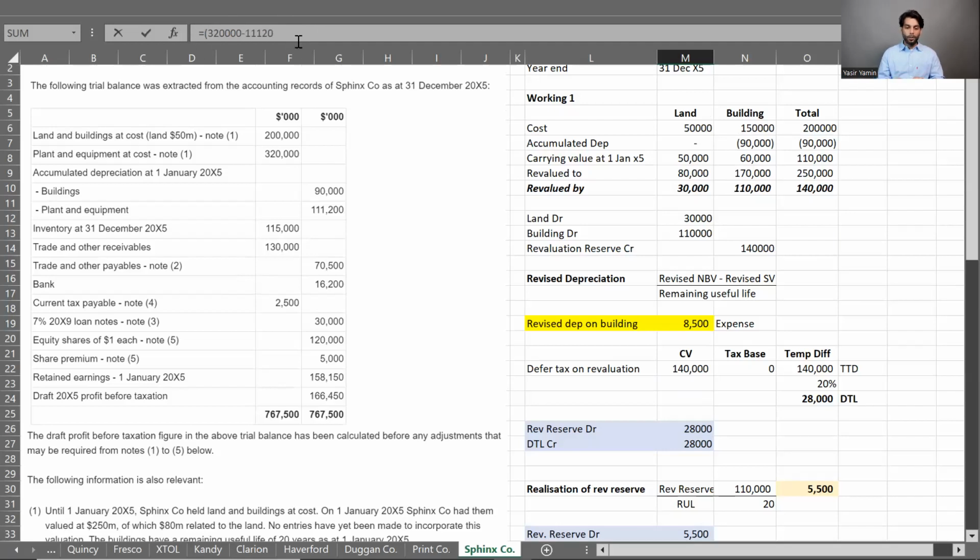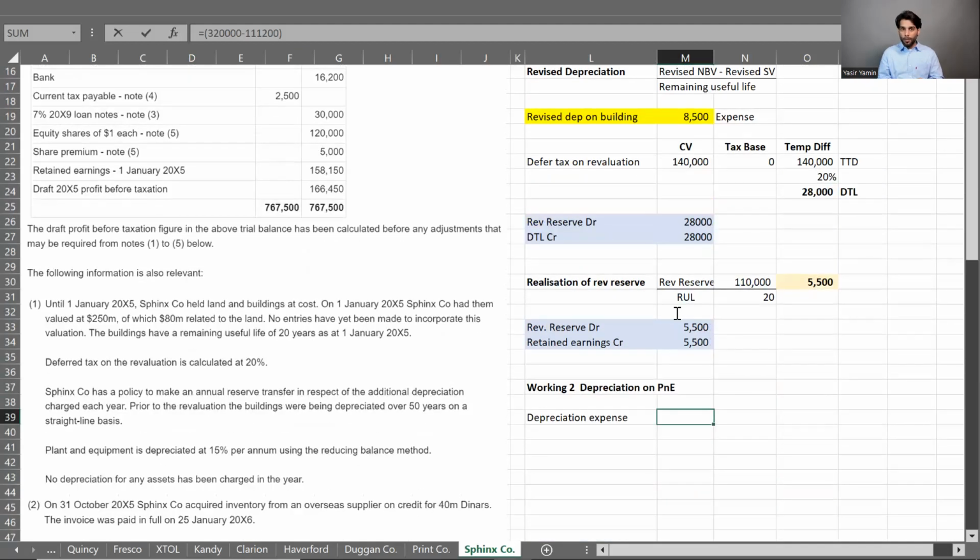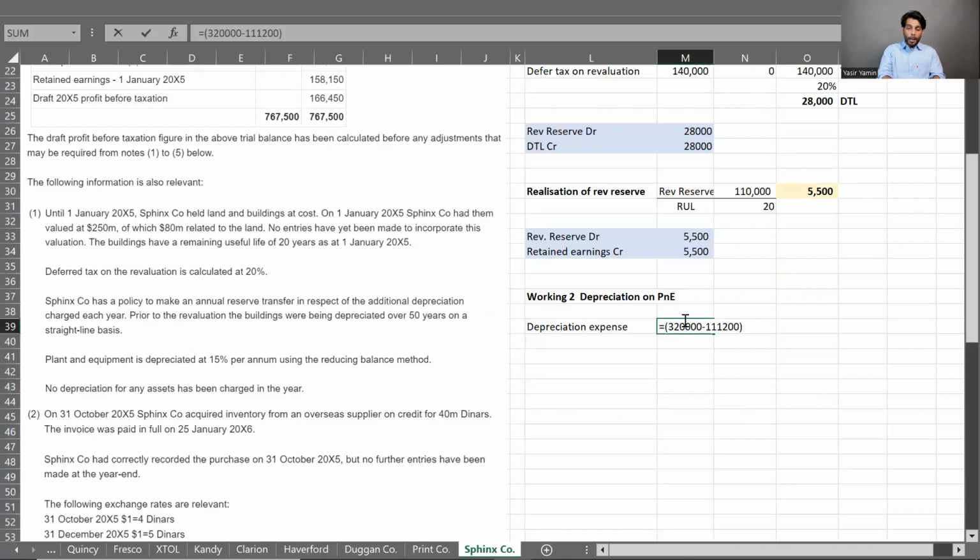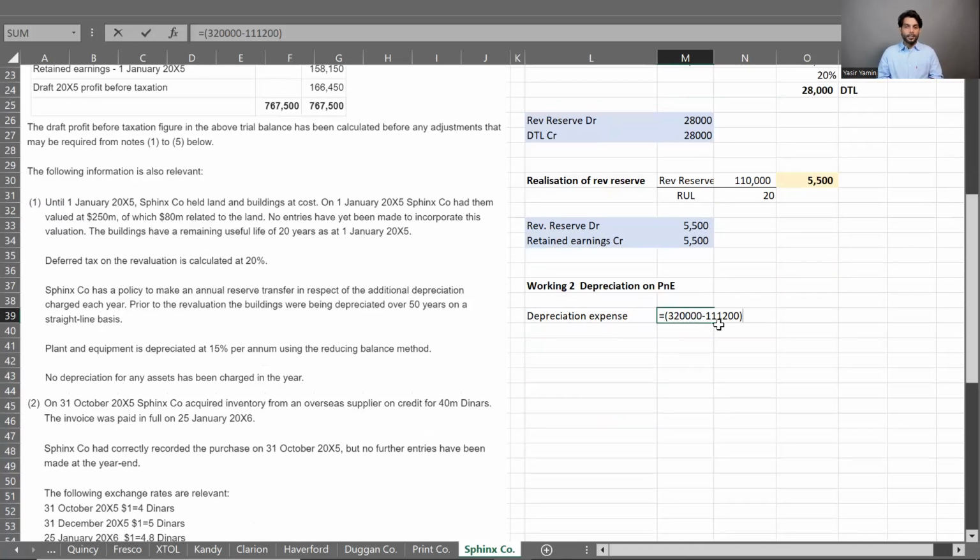Bracket close. And then once you have got the net book value, you will multiply it by 15%. You get the percentage sign with shift and 5. It's already written on your keyboard. So it is 31,320.